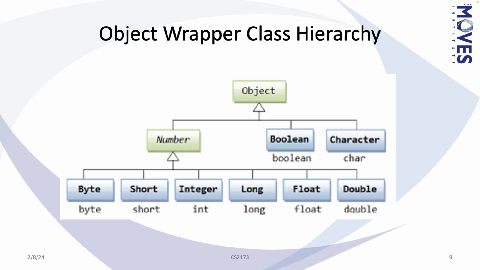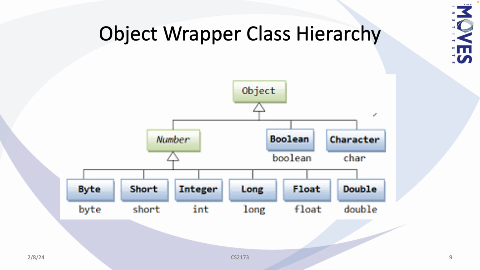And then when they first came out, it was a bit of a pain because these are objects. What would happen if I reach a point where I have numbers that are these object wrappers, and I want to do a calculation on them?